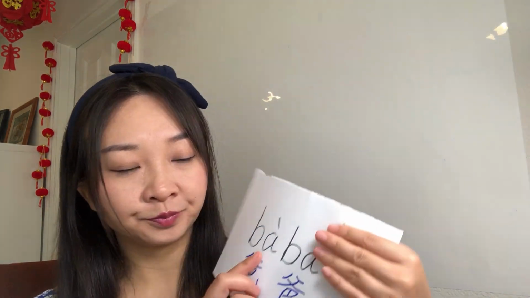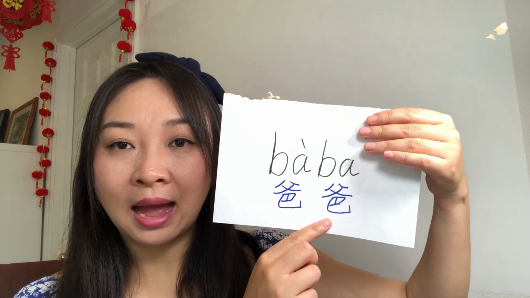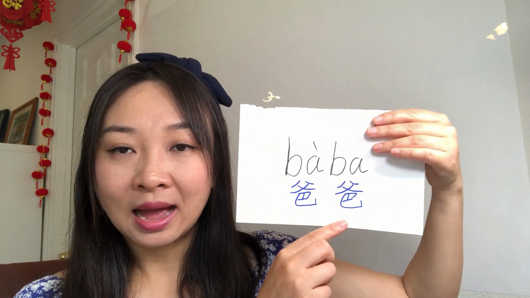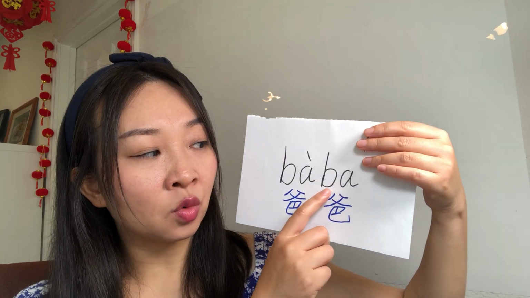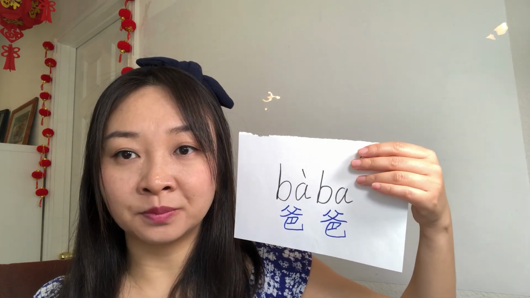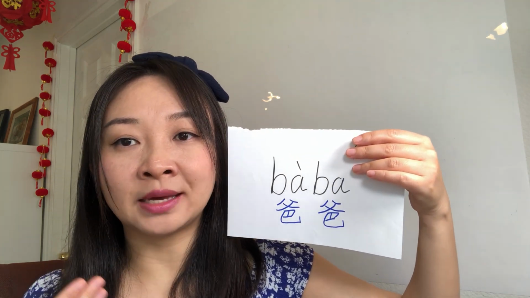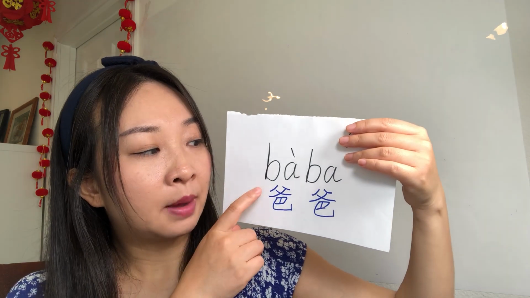Now let's look at some new words to practice those 4 tones. The first one, we say ba, ba. Okay, you can see the second word has no tone mark. So this is the fifth tone of Chinese. We call it a neutral tone. It's soft, so you speak it softly.